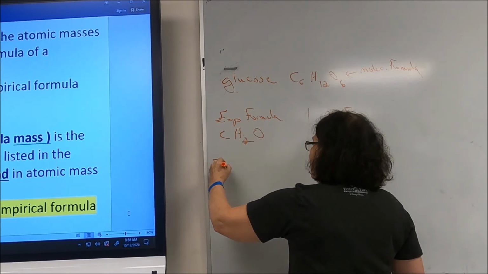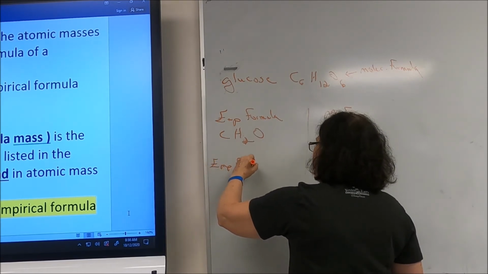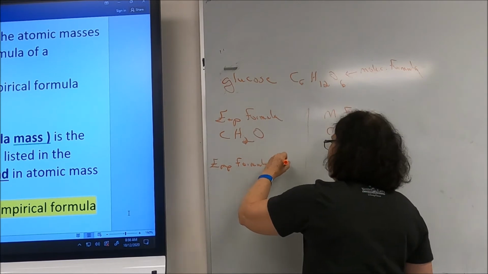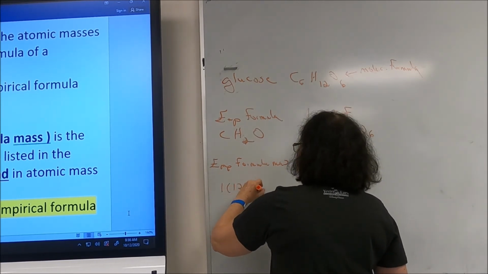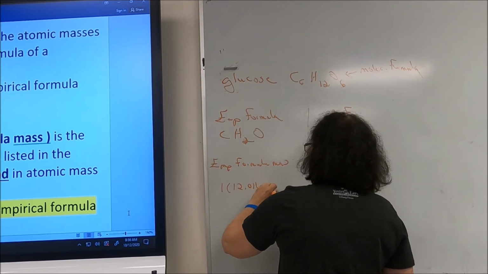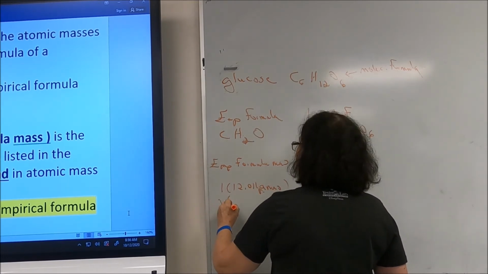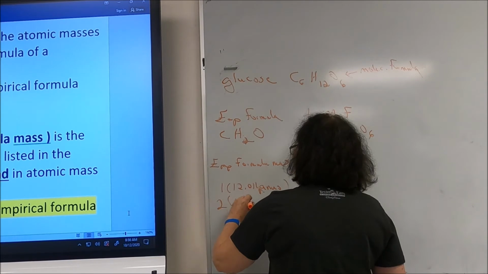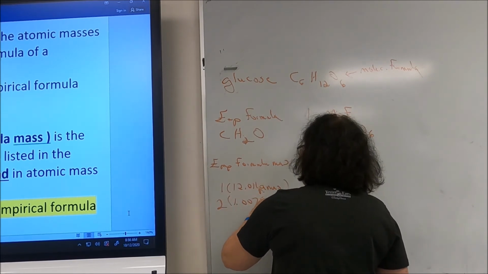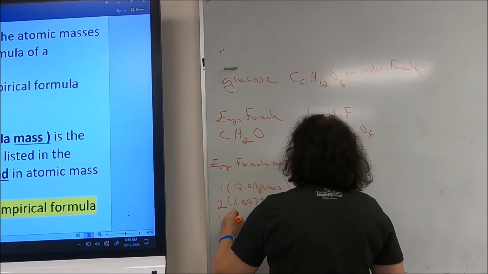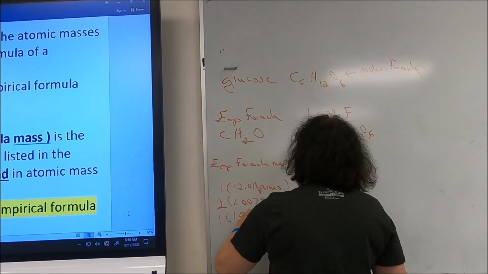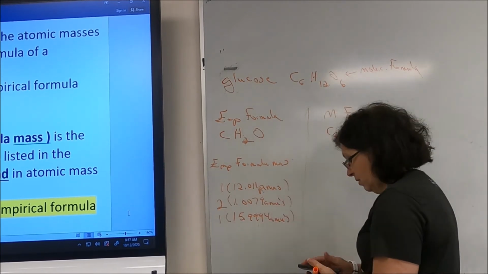Its empirical formula mass would be 1 times 12.011 AMUs plus 2 times 1.0079 AMUs, these I have memorized, and 1 times 15.9994 AMUs.